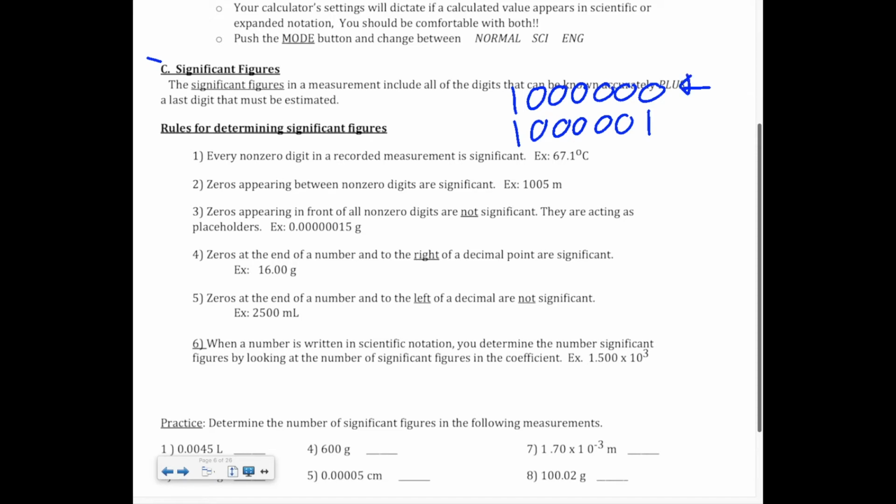If somebody says there's 1,000,000 words in a book, I'm guessing that they're probably estimating. Now, if they say there's 1,000,001, that makes it sound more exact. Okay, so that one carries significance, but all these other zeros also carry some kind of significance as well. So that's the idea that we're going to look at.